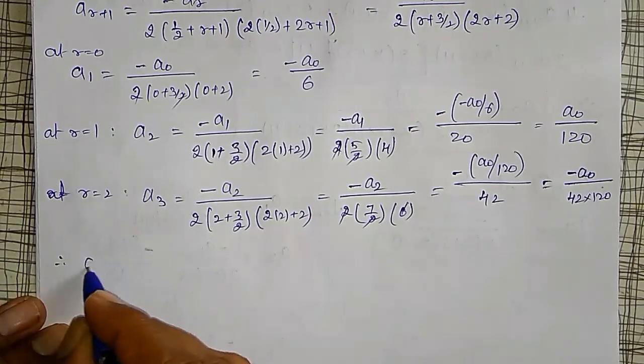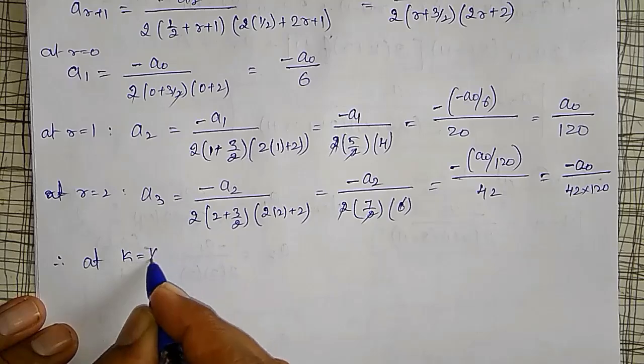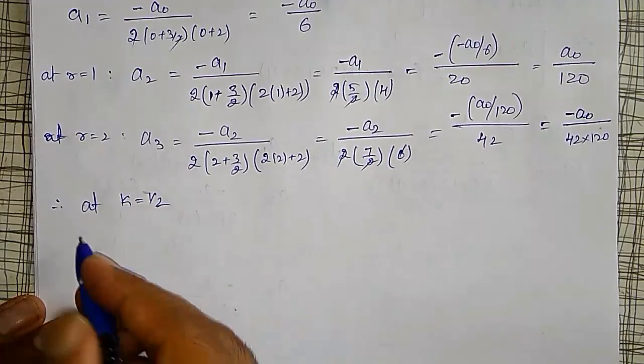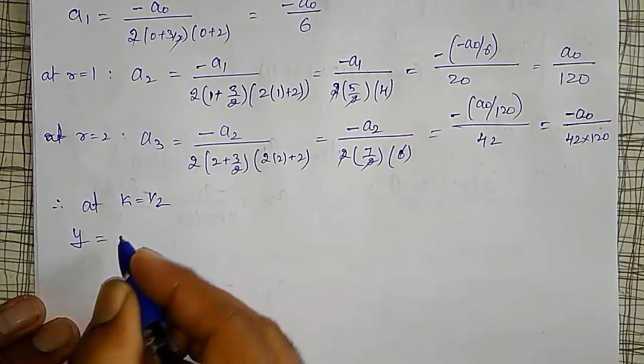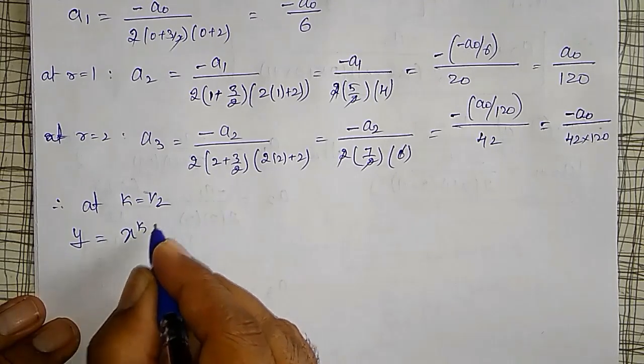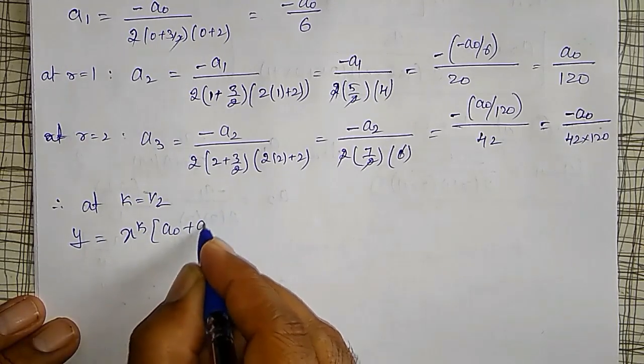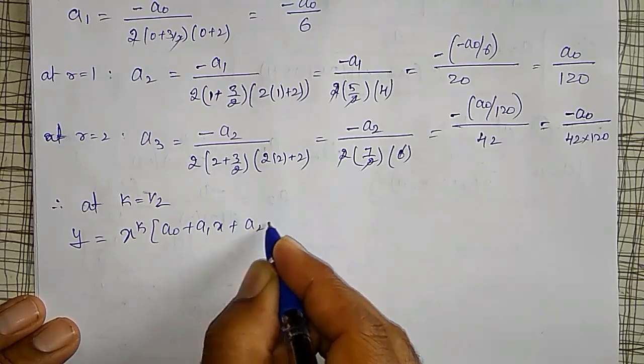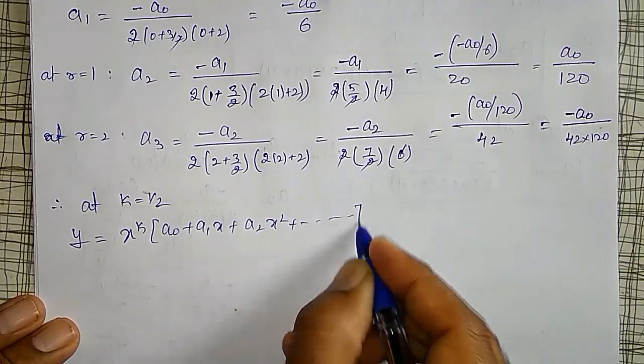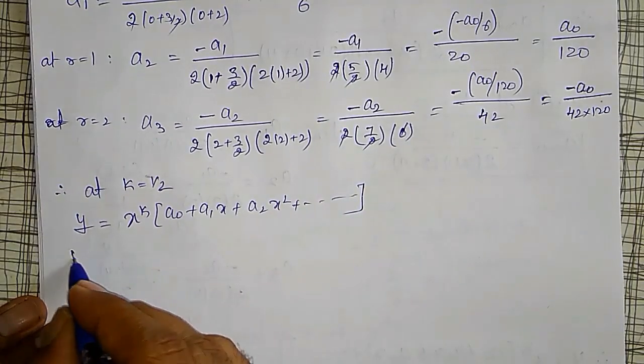Therefore at k equal to 1 by 2, the solution will become y equal to x to the power k into a naught plus a1x plus a2x square plus so on, which becomes y2.